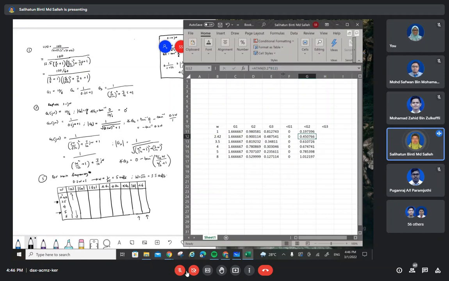This one 0.919. So it should be times 90 divided by 2, because it's pi over 2.